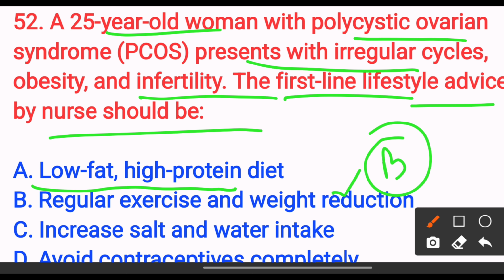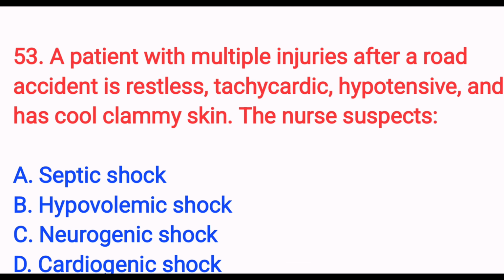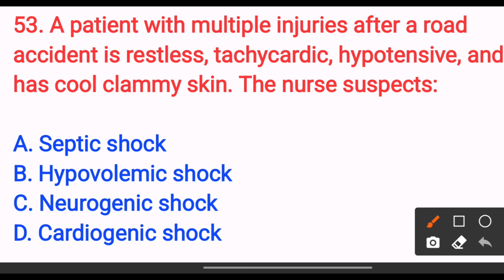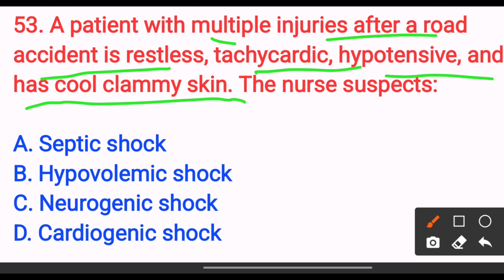in PCOS patients. Next, a patient with multiple injuries after a road accident is restless, tachycardic, hypotensive and has cool clammy skin. The nurse suspects option A, septic shock. Option B, hypovolemic shock. Option C, neurogenic shock.